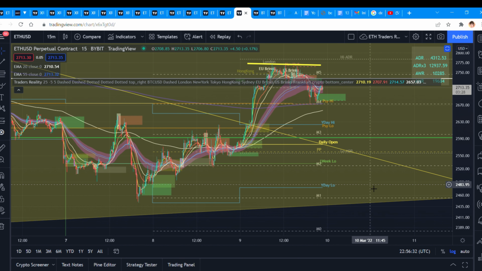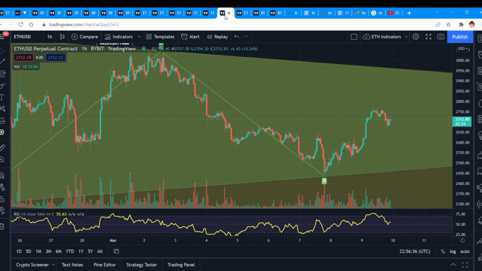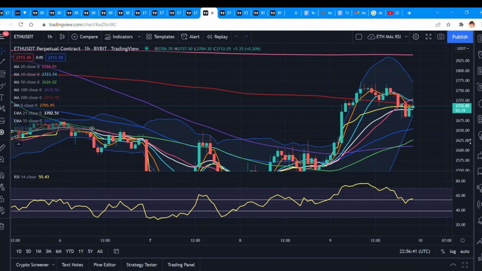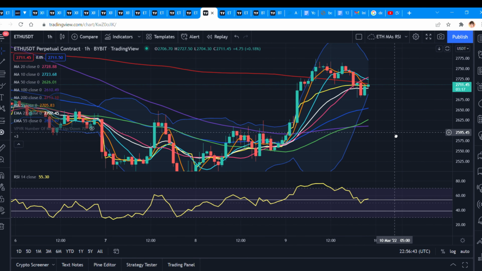But that has to be in confluence with everything that I've charted so far, because just like any other indicator, it has a lot of shortcomings. It's very fickle in times of volatility.